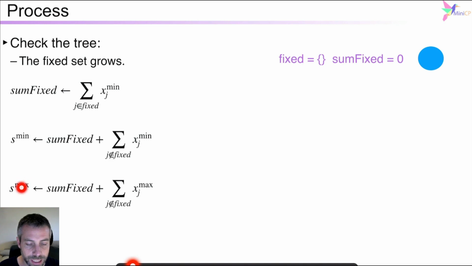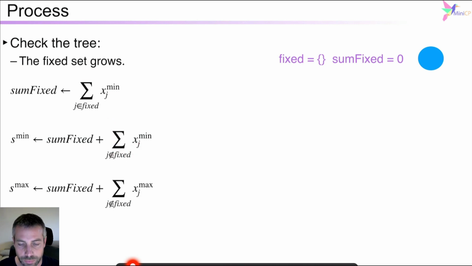And for the sum of the max, that's exactly the same value that we have there because they are fixed, plus the sum over the variables that are not fixed of the maximum of their domains. And you can already see that the benefit of doing that is that the sum there is less expensive to compute.